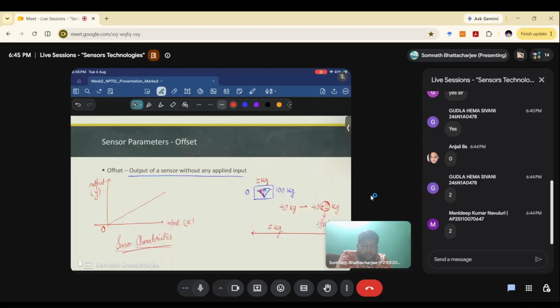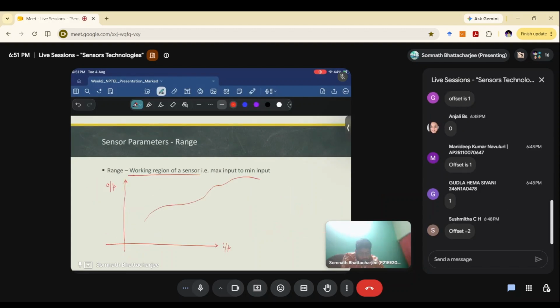Let's make it an easier one. For this one, what is the working region of this sensor? Try to answer this, right?